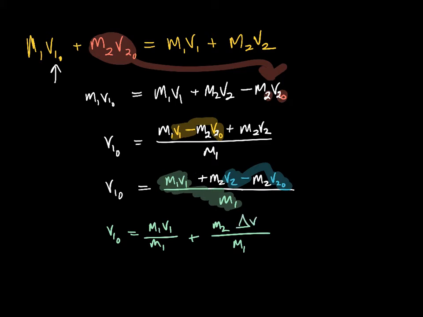And these M1s cancel. And V1 initial ends up being V1 final plus the mass 2 mass 1 ratio times delta V2.